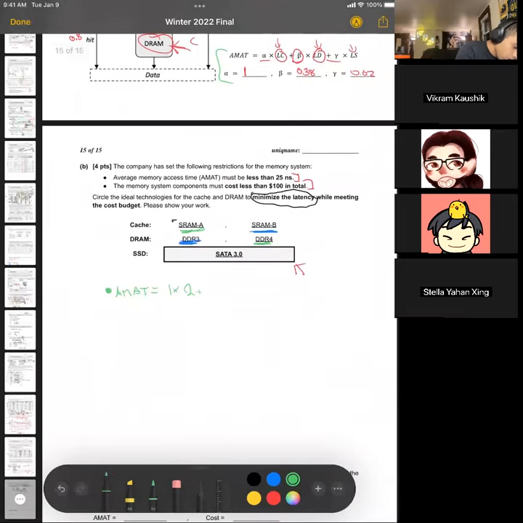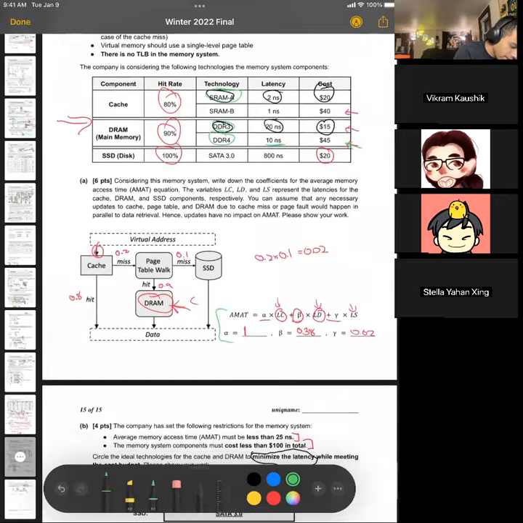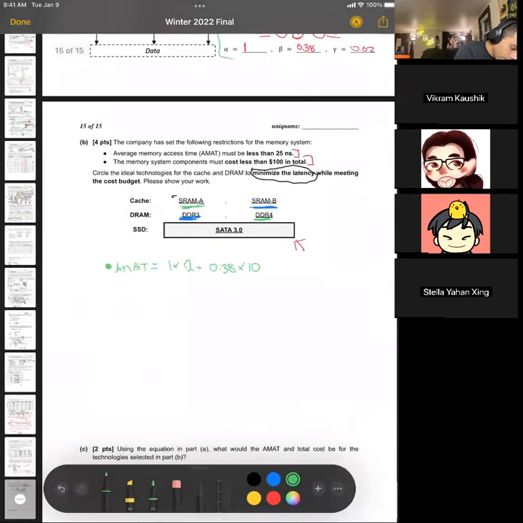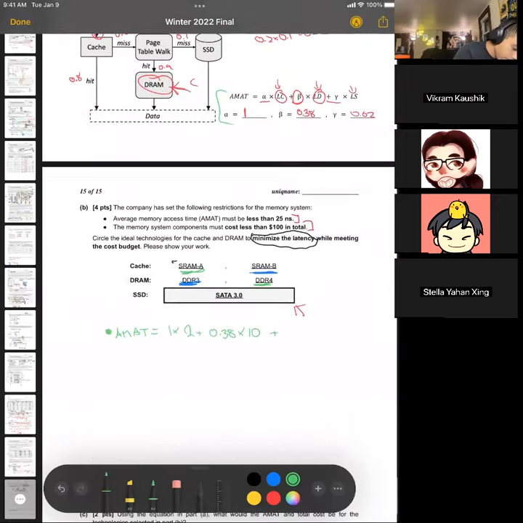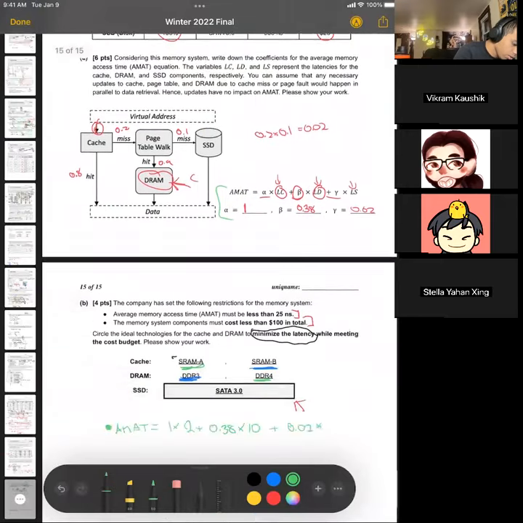So 1 times 2, plus 0.38, which is beta, times the DRAM latency, which is 10 nanoseconds, plus gamma times the latency from SSD, which is just 800 nanoseconds.